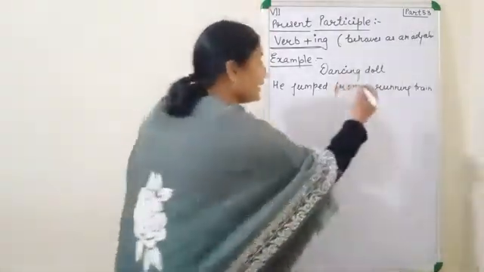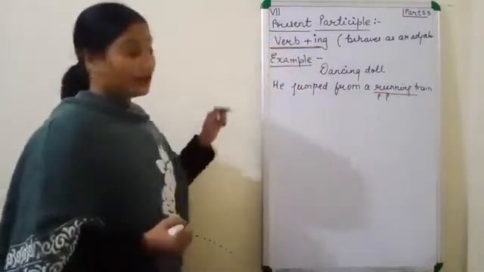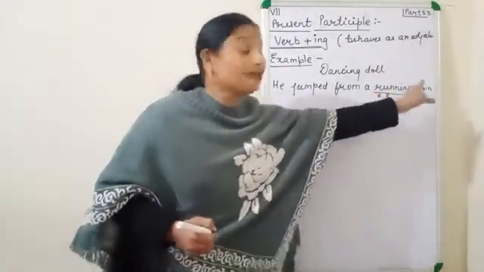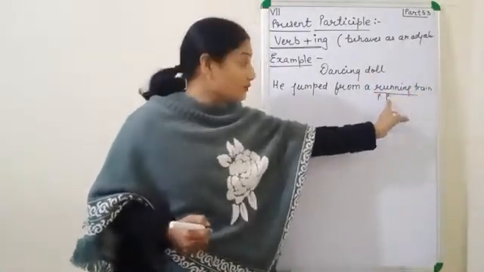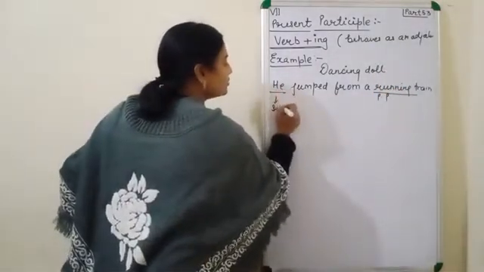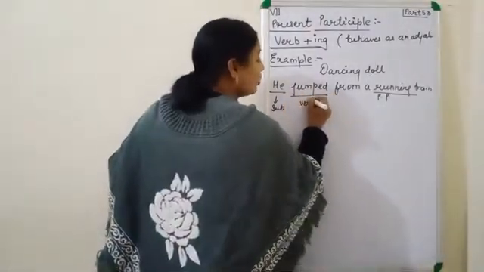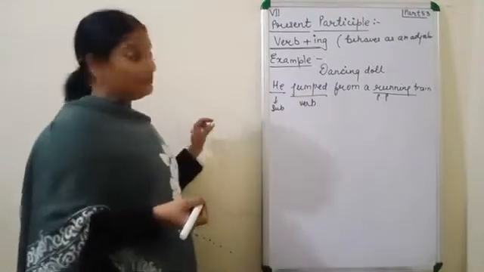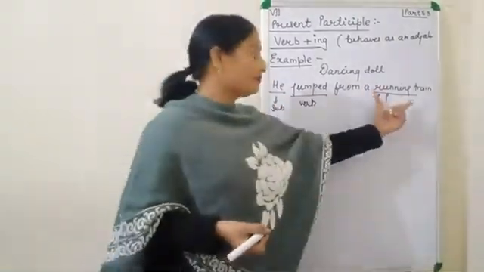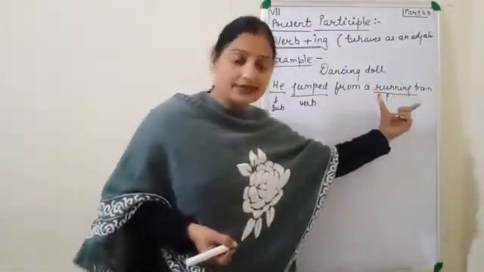So, this "running" is your present participle. It looks like a verb, but it is not a verb because it is qualifying the train. According to the rule, this is your subject, and this is once again your normal verb. So once again, children, we can see two verbs in a sentence, but here this verb is behaving like an adjective, and that's why this is the present participle.